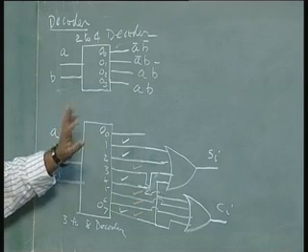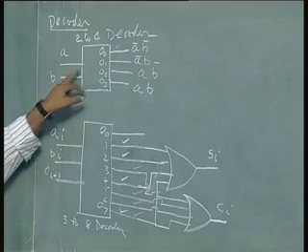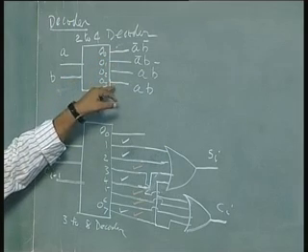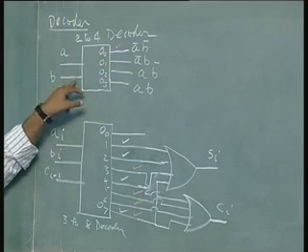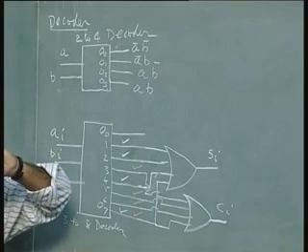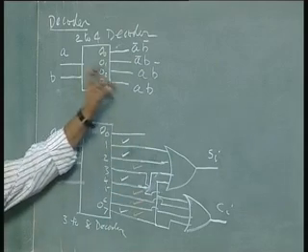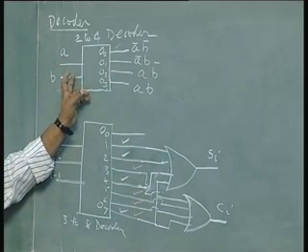What I assumed is, for example, if the inputs are 0, 0, 0, this output will be high and the rest will be 0. If it is 0, 1, this will be 1 and the rest will be zeros. That is called active high: the output is high when the corresponding input is chosen.